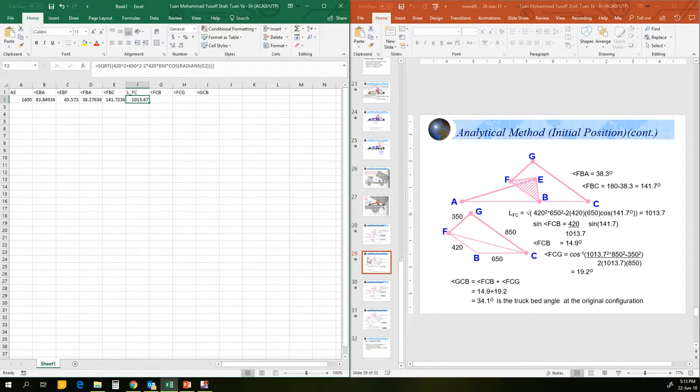Then we want to find the angle FCB. Sine FCB is equal to that. So FCB is equal to arc sine of 420 times sine, and we have to convert to radians again, of 141.7.